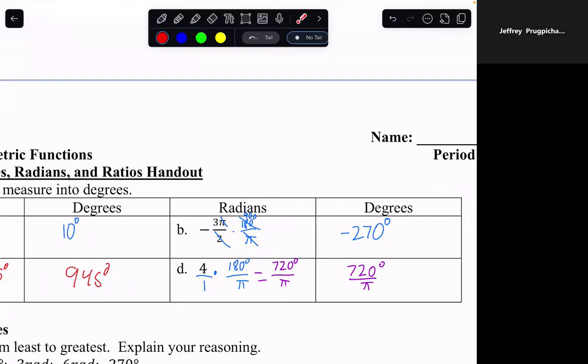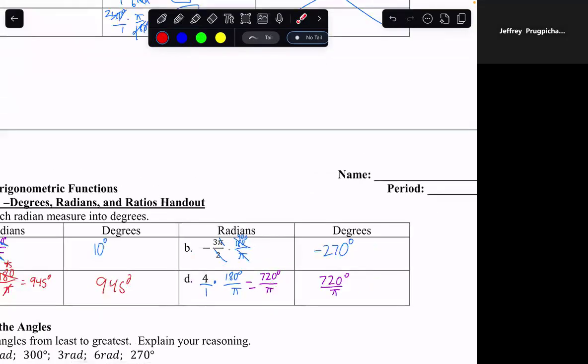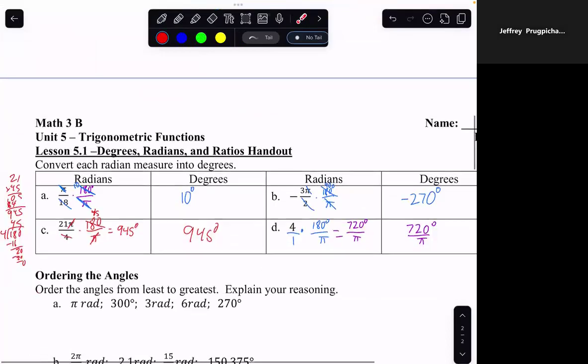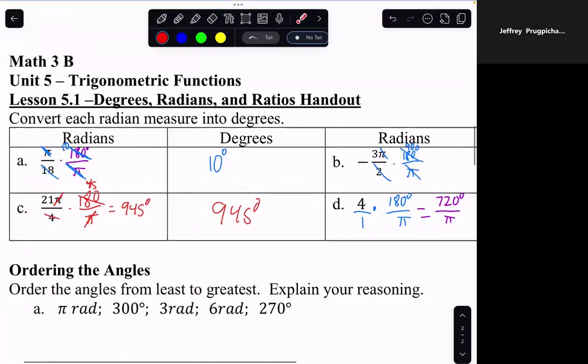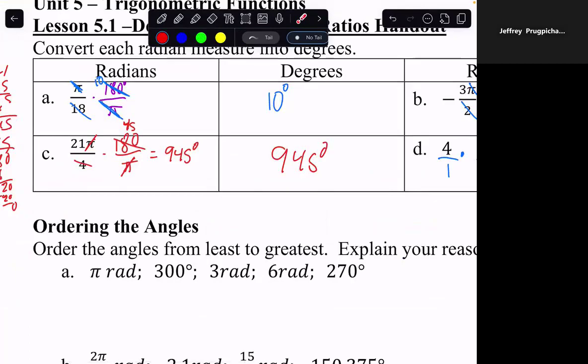Okay. So questions on converting between the two measurement systems. Okay, so over here, I asked you to compare them or order them from least to greatest.